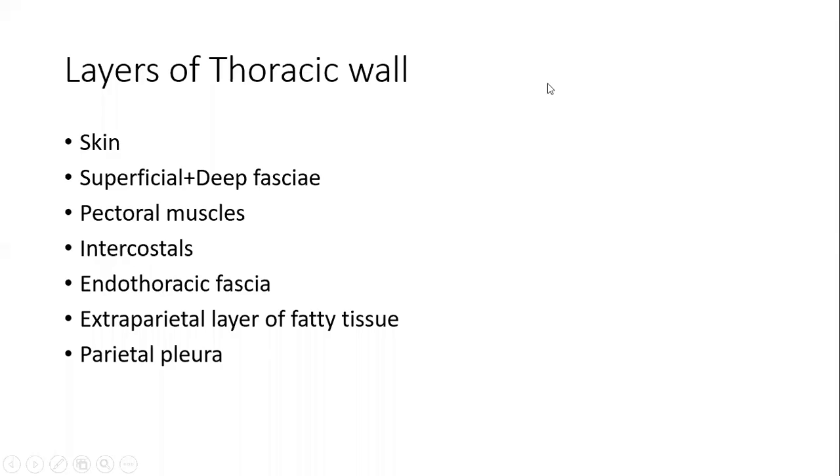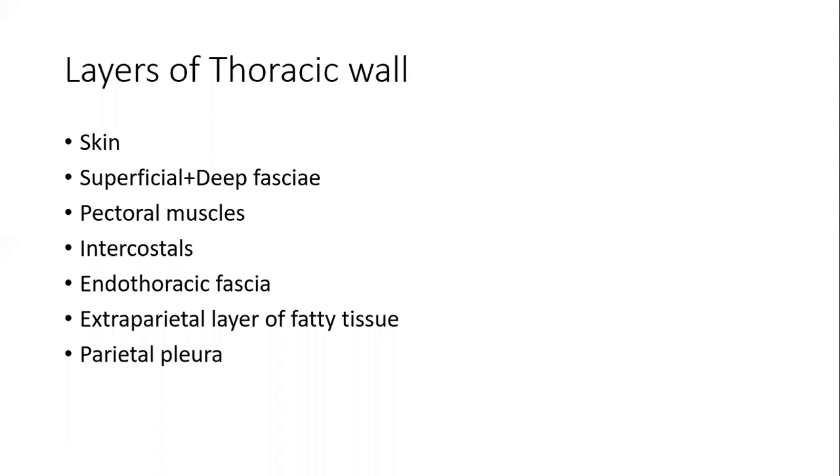Now, what are the different layers of the thorax? Thorax, just like any other region in the body, is covered from outward to inward with the skin, superficial fascia and deep fascia. And all of you by now know that there is a difference in the contents of superficial fascia in males and females. And what is that difference?